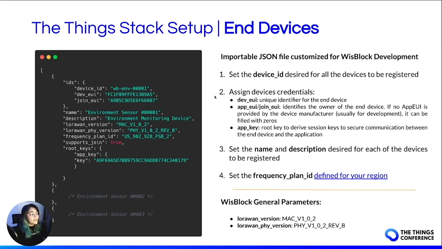application. Then I need to assign the device credentials for each of the devices, which is the device EUI, that refers to the unique identifier of your end device, the join EUI, which identifies the owner of the end device, and the app key.